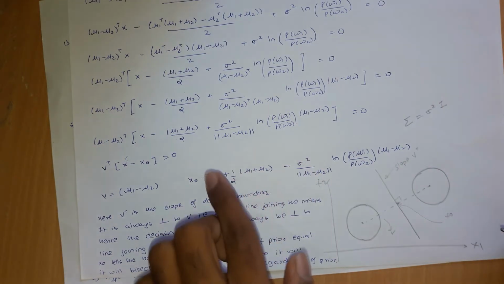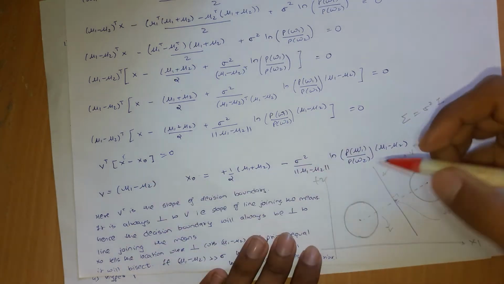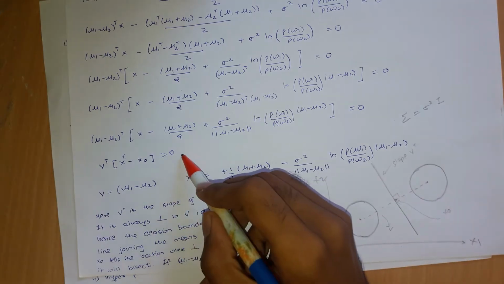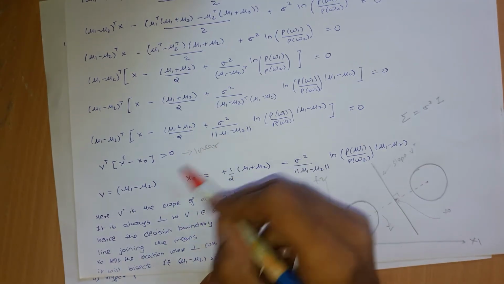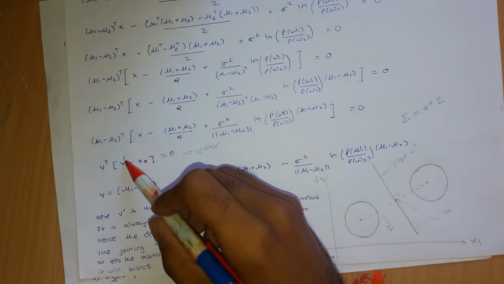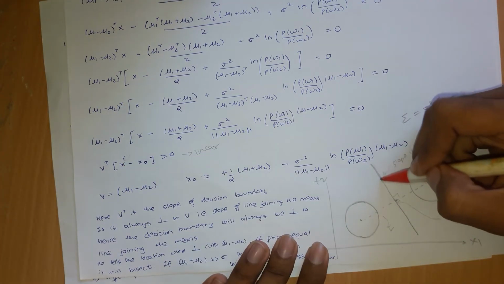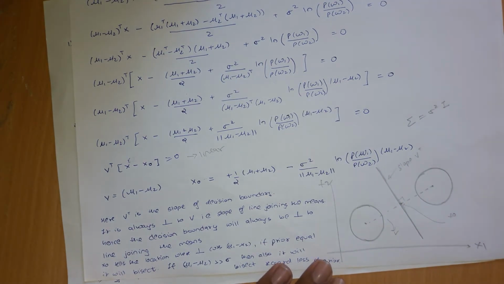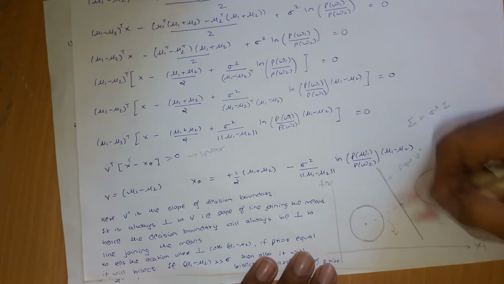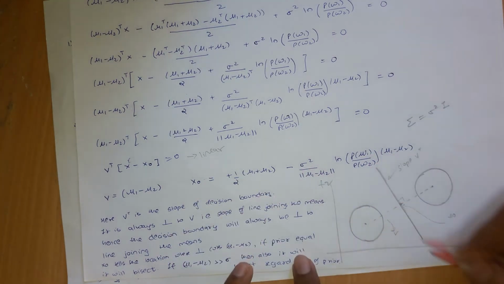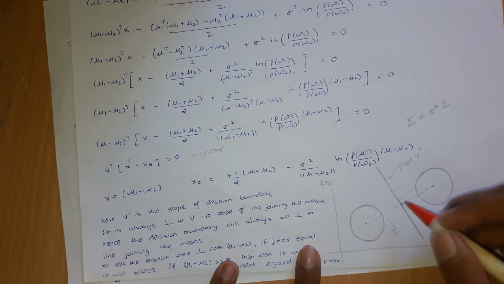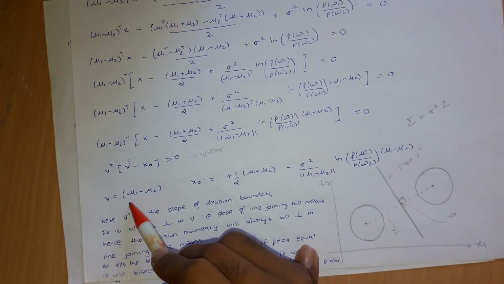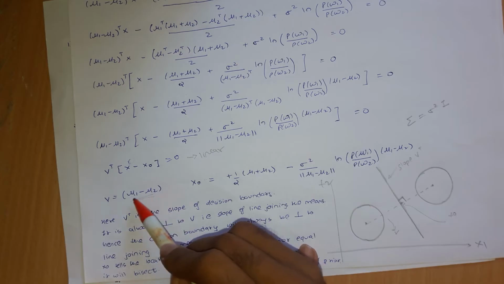And what this particular equation tells me is that whatever will be my decision boundary, so this is my decision boundary, it will be a linear thing. Why linear? Because here there is no x square, x cube, there is x raised to 1. So this is a straight line for this 2D space. For a 3D or multi-dimensional space, it will be a hyperplane. So this will be a linear decision boundary, and it will always be perpendicular to the line joining the means. So here V, you can see, is nothing but the line joining the means.